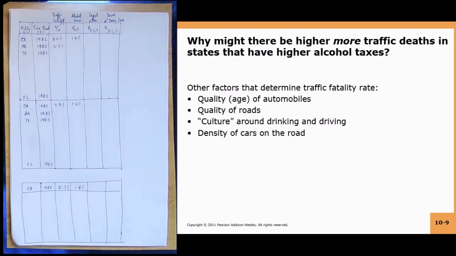Quality of roads. Obviously, as the quality of roads increases and the roads are maintained better and the visibility is higher, there are better markings on the road. So you expect that these will help drivers be more careful and drive better.